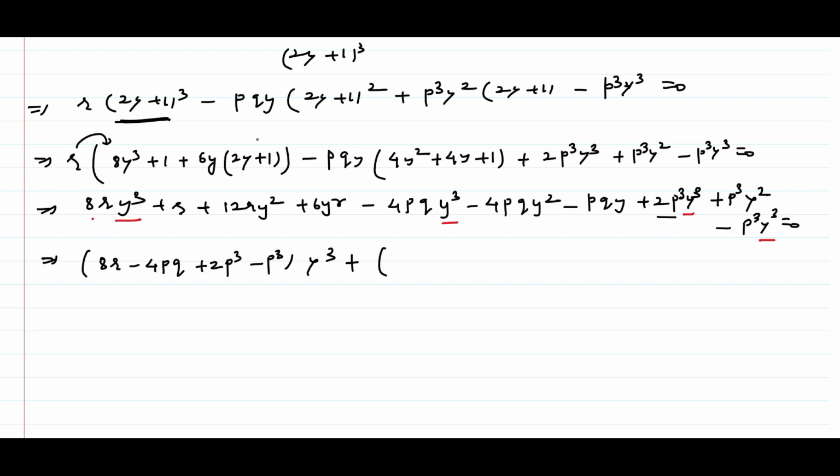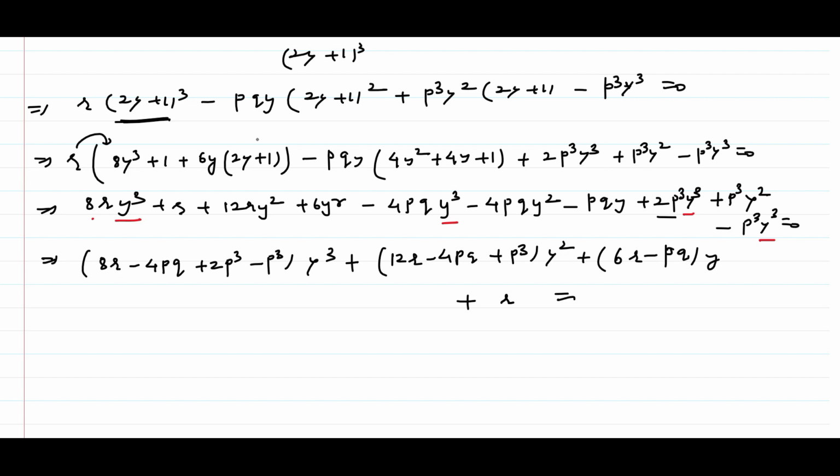Now collect the coefficient of y square, that is 12 times of r, negative 4 times of p cube, and plus p cube y square, and collect all the coefficients of y, that is 6r and negative pq y, and collect all the constant remaining, that is only r.